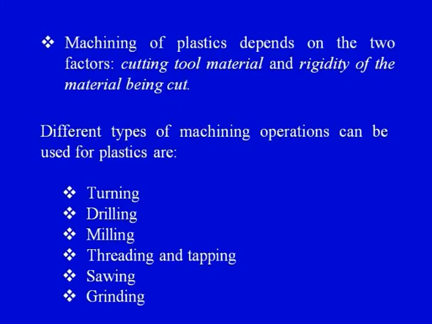So the different types of machining operations that can be used for plastics are turning, drilling, milling, sometimes threading and tapping has to be done. Then sometimes we have to cut the plastic part into different pieces, and finally grinding. Grinding is most commonly not used in case of plastics because the finish that we get in case of plastics is very good and no secondary finishing operations are required, but sometimes some edges may have to be ground so that we can fix the various plastic parts together.